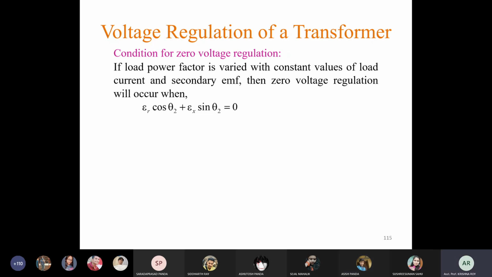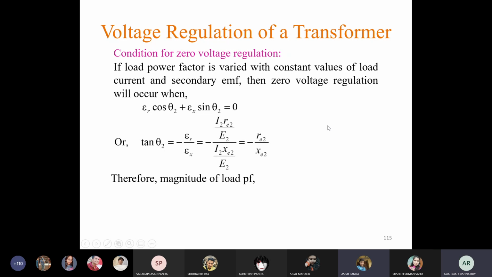That means if you change the power factor from inductive to capacitive, then there will be some point at which this voltage regulation will be 0. So, voltage regulation 0 means epsilon r cos theta 2 plus epsilon x sin theta 2 equals 0. From that we get tan theta 2 equal to minus of Re2 by Xe2.